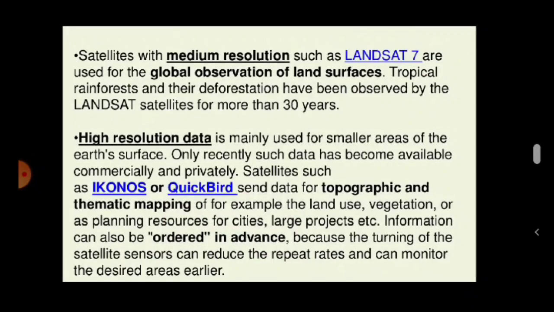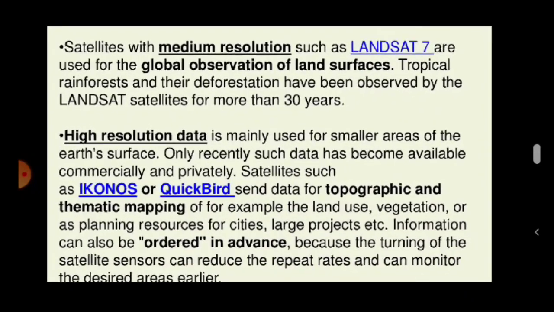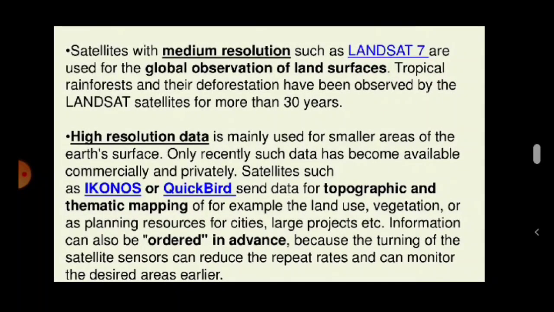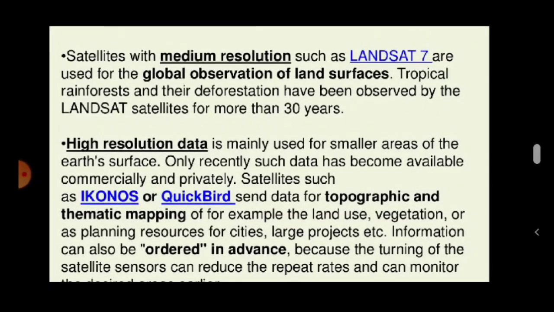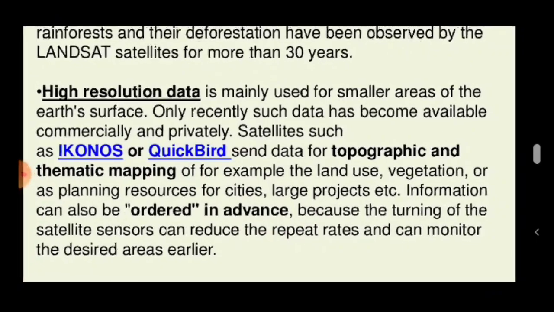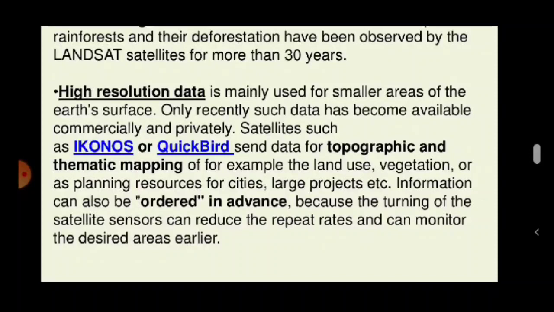As I was explaining, medium resolution satellites such as Landsat 7 are used for the global observation of land surfaces, and tropical rainforest and their deforestation have been observed by Landsat satellites for more than 30 years using medium resolution images. High resolution data is mainly used for small areas of Earth's surface. Only recently has it become available commercially and privately.